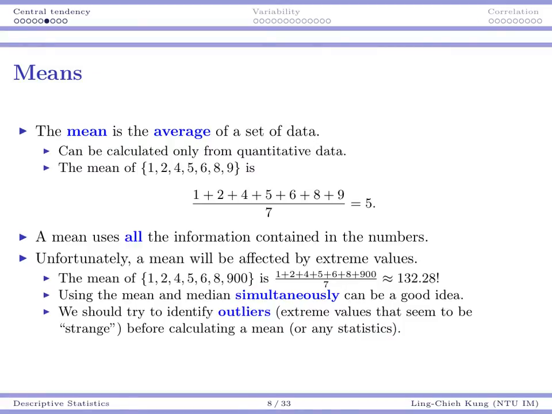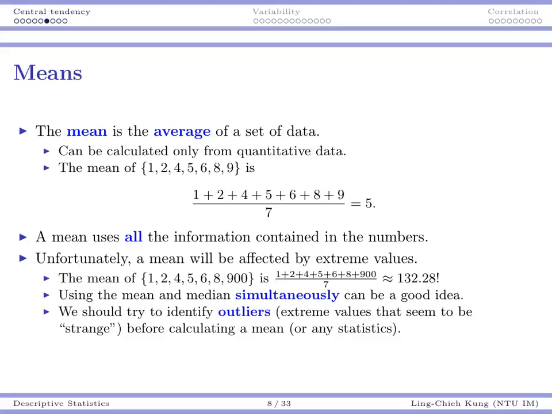The mean of a set of data is just the average of a set of data. Actually, to be more precise, we should say it is the arithmetic mean or the arithmetic average. Okay, so that means we sum up all the numbers and then divide it by the total amount of numbers.